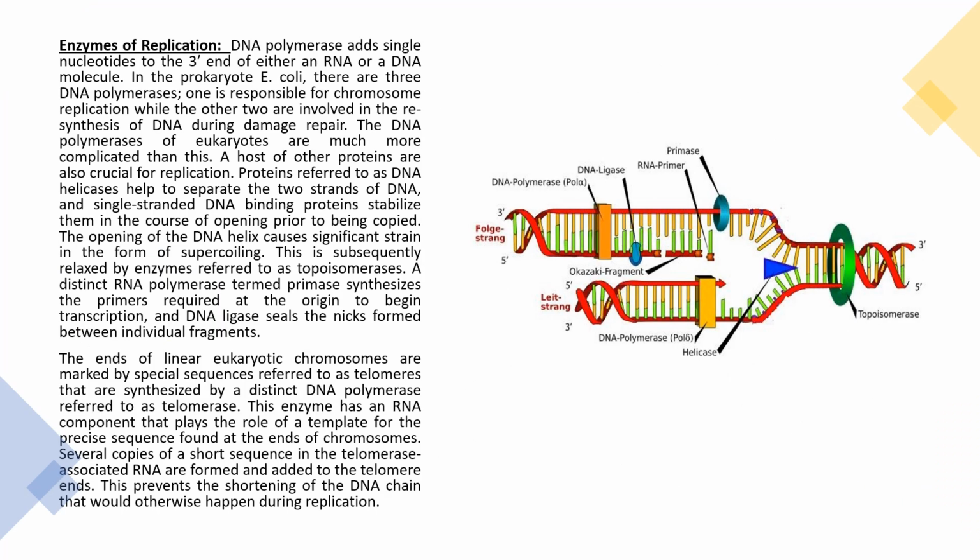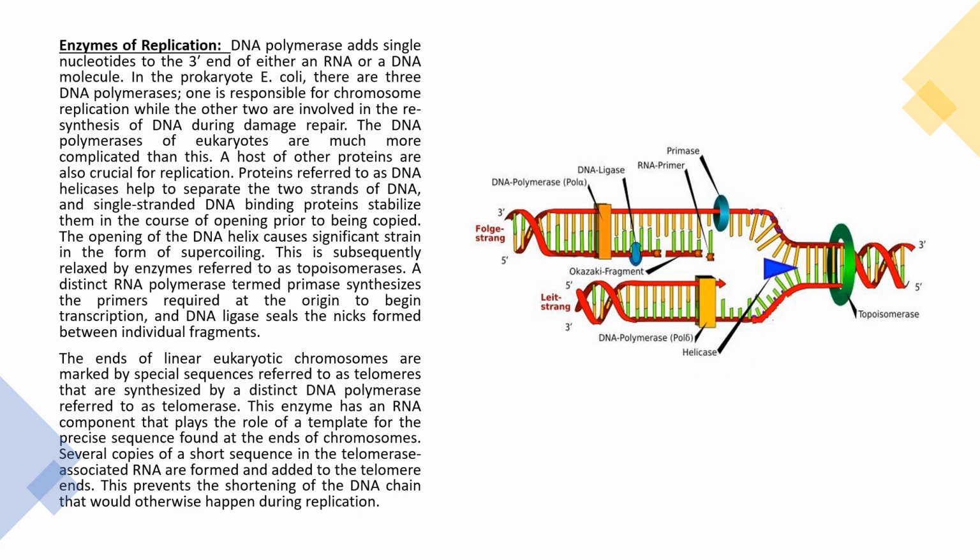Enzymes of replication. DNA polymerase adds single nucleotides to the 3' end of either an RNA or a DNA molecule. In the prokaryote E. coli, there are three DNA polymerases. One is responsible for chromosome replication, while the other two are involved in the synthesis of DNA during damage repair.